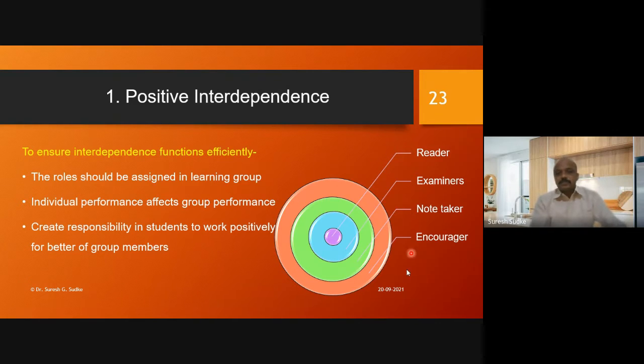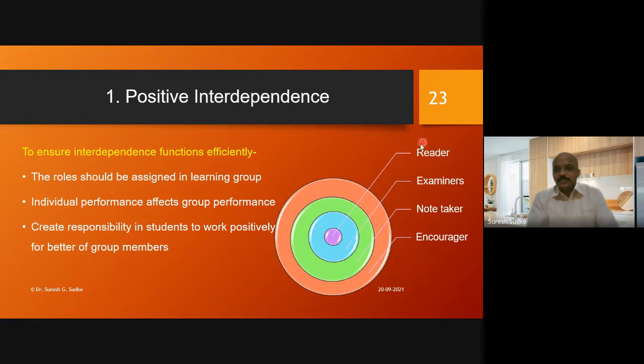So when we consider a group of four members, one individual who has good reading capacity or reading skill is appointed as the reader. The second one is appointed as the note taker.